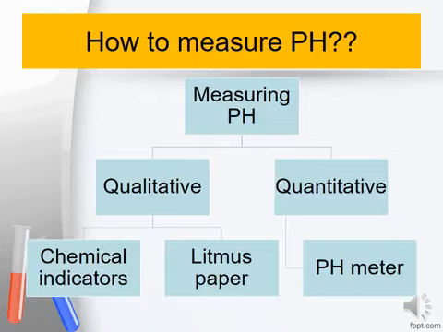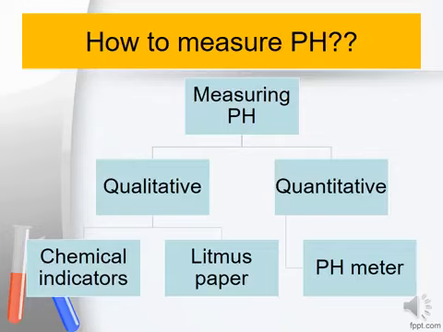How are we going to measure the pH? pH also will be measured in two methods, qualitative and quantitative. Qualitative will mention if this solution is acidic or alkaline or neutral. It gives no expression of numerical value.